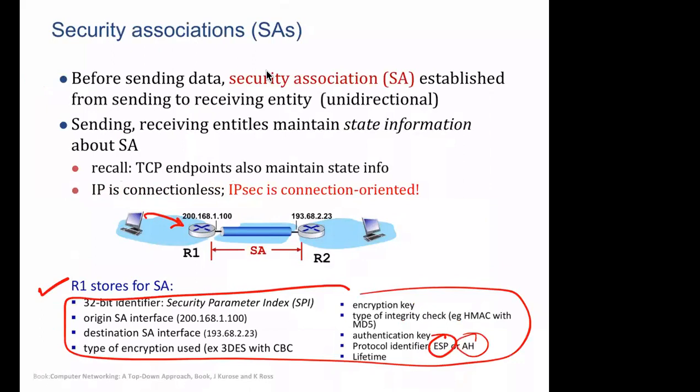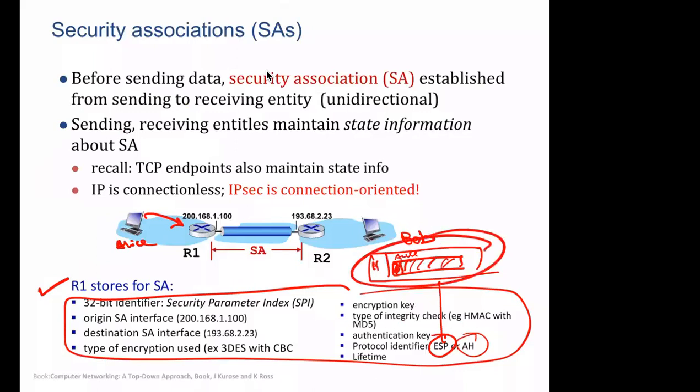So when Alice sends packets for Bob, based on the security association, this will put Alice's packet inside another packet, and then if it is ESP, encrypt this and put authentication data, and put another IP header and send it. So all these things to be done are according to this security association.